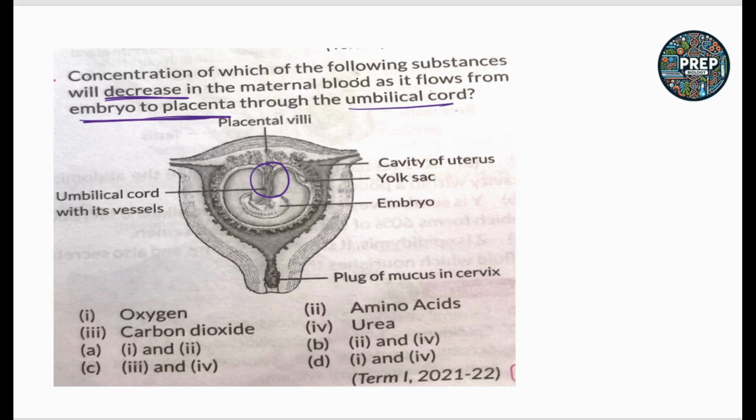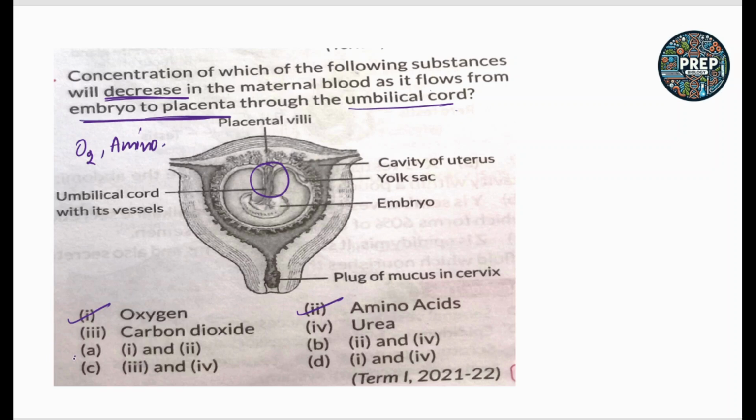You all have to find out which substance will decrease in the maternal blood as it flows from embryo to placenta. We know that oxygen and amino acids flow from mother to embryo.